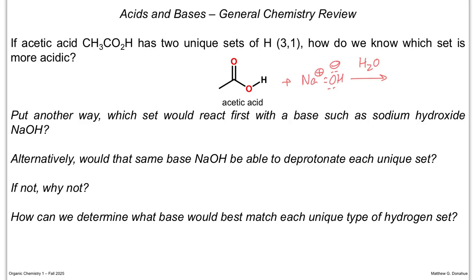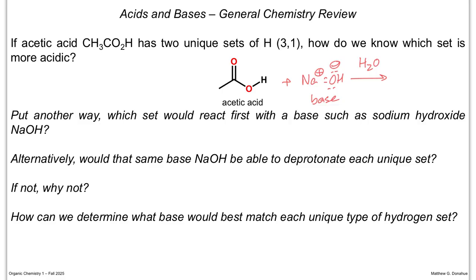So let me draw just the products of this. I'm not going to show you how it happens. We'll do that in a little bit. But we have an acid, and therefore sodium hydroxide has to be a base. And what I really want you to pay attention to is the verb action of those reagents.